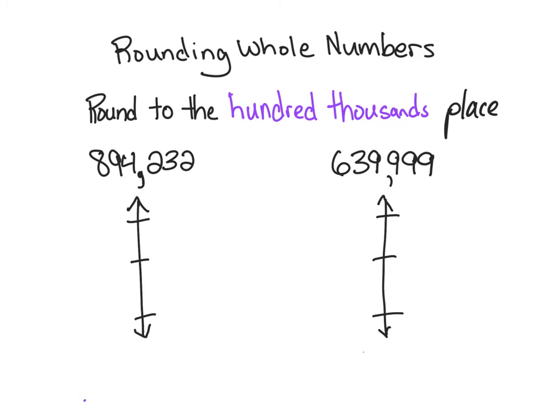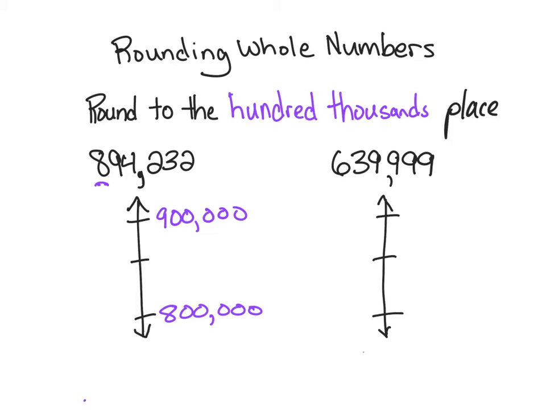For the next two problems, we can see that it says we are going to round to the hundred thousands place. In the first one, the number is 894,232. So this 8 is in the hundred thousands place. So that 8 is equal to 800,000. If 800,000 is our low, our high has to be 100,000 more than that, or 900,000.